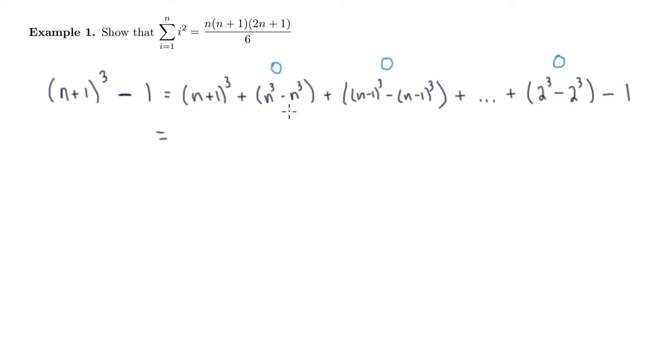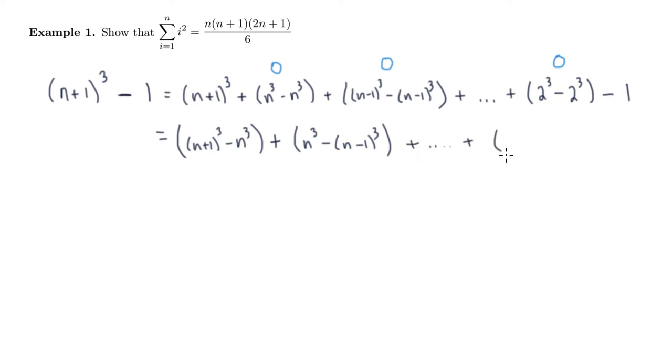Okay, so now what I'm going to do is I'm going to reassociate. So I'm going to take this n plus 1 cubed and subtract n cubed. So this is n plus 1 cubed minus n cubed, and then plus n cubed minus n minus 1 cubed, and then a bunch more terms.